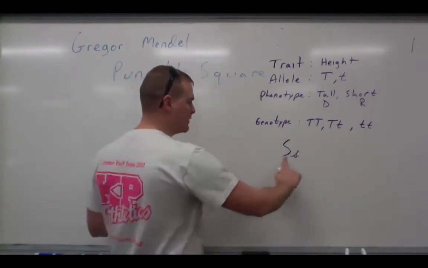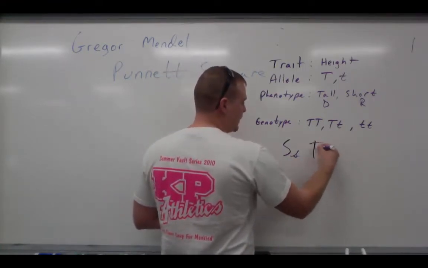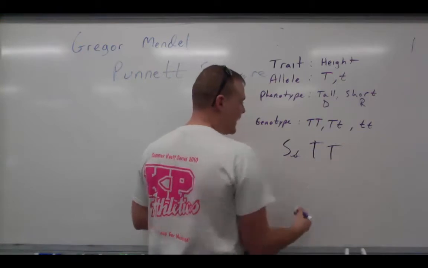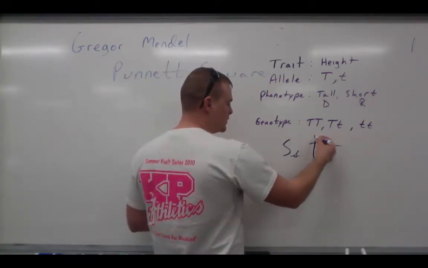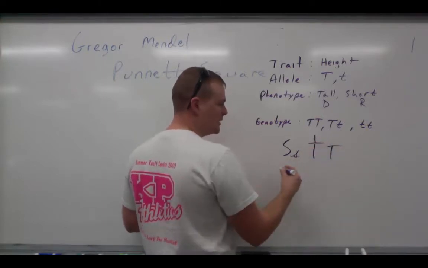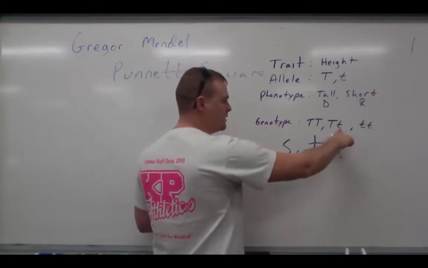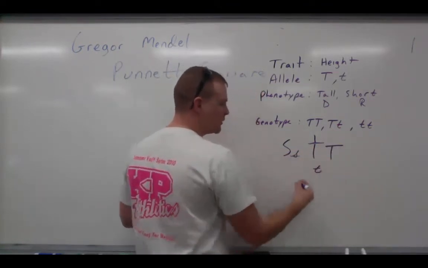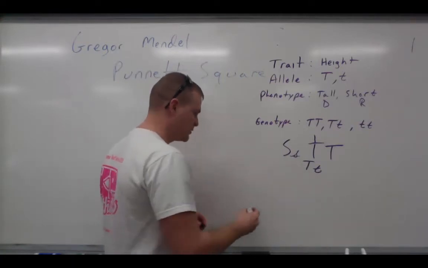That makes sense. So I have a dominant S and a recessive S. You don't want to make your T's nice and sloppy like that, because now which one's dominant and which one's recessive? Well, this one kind of looks like a lowercase t. This one kind of looks like an uppercase T. And that's why you'll see me do these little cursive t's for lowercase and a very clear, crisp capital letter for my capital letters.